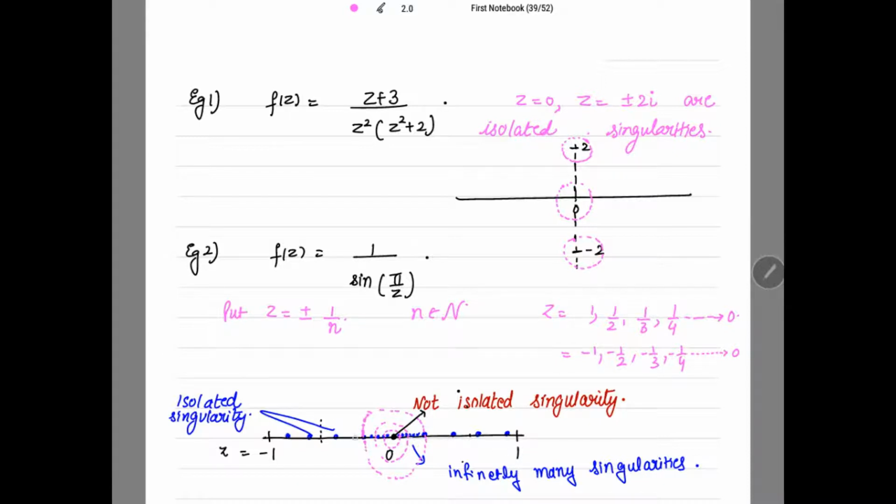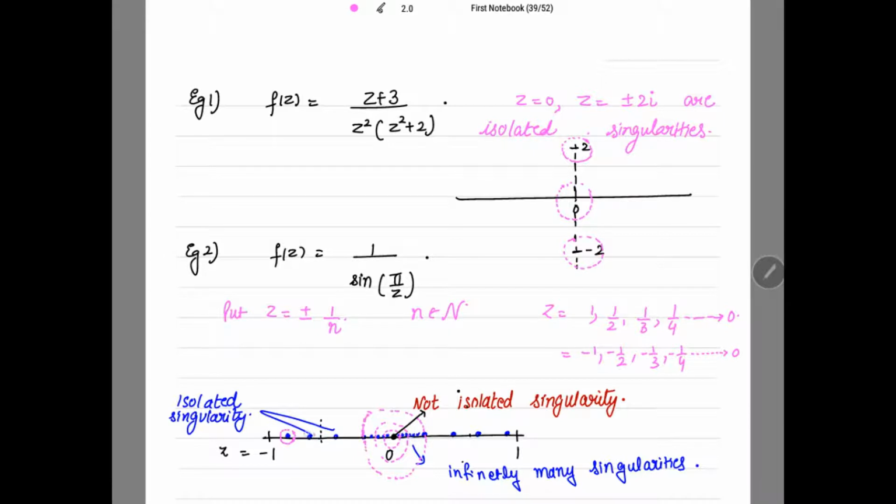Suppose these blue colored dots are your singularities, right? Now, if I make the neighborhood of this, I can choose the radius as small as possible so that this singularity is isolated. Yes. No other singularity falls in this neighborhood.